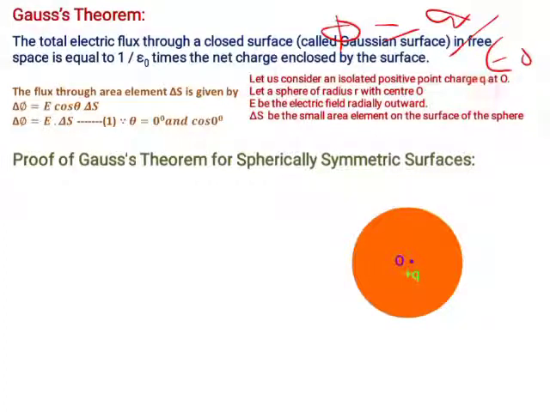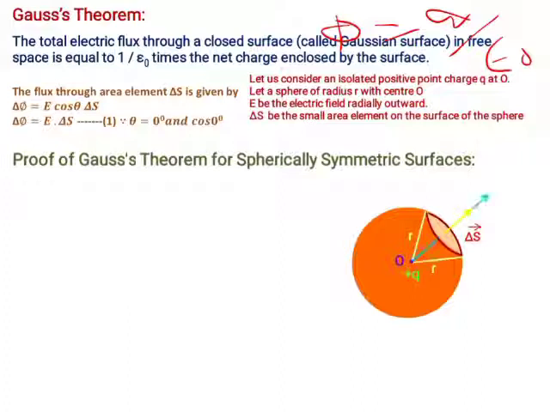Isolated point charge is present at O. Then this is the radius r, and this is delta s. Delta s is a vector quantity. Just now we discussed area element or surface area, and it is a vector quantity. That is the reason we have to show the arrow. This is the normal or the area vector which is perpendicular to the surface.